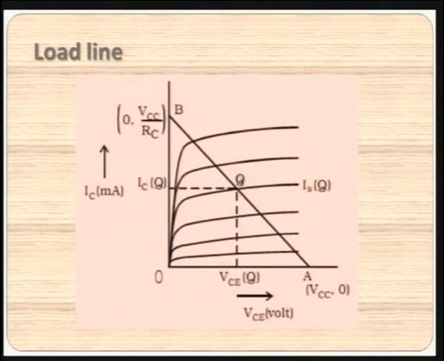Here we have taken a point Q, which is called the operation point or quiescent point. What is the importance of this quiescent point? We will learn the importance of this, but right now we have some idea about this. It is somehow chosen in the middle on a particular IB value. All these lines are for different values of IB, but one particular IB we can choose, maybe a middle value, and fix a point called Q point.